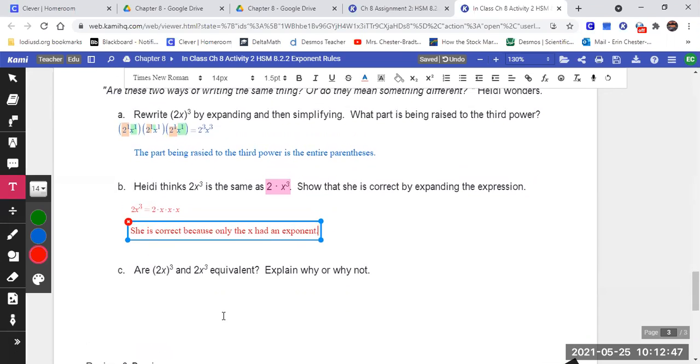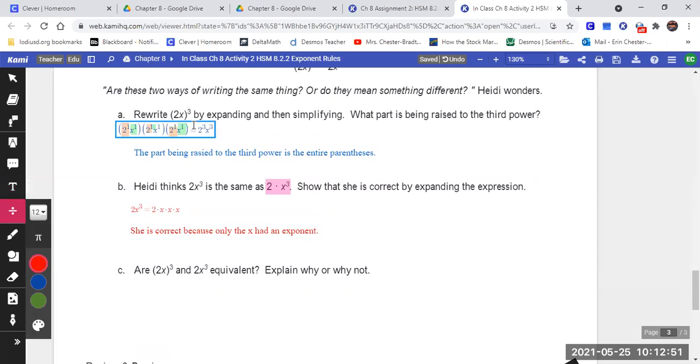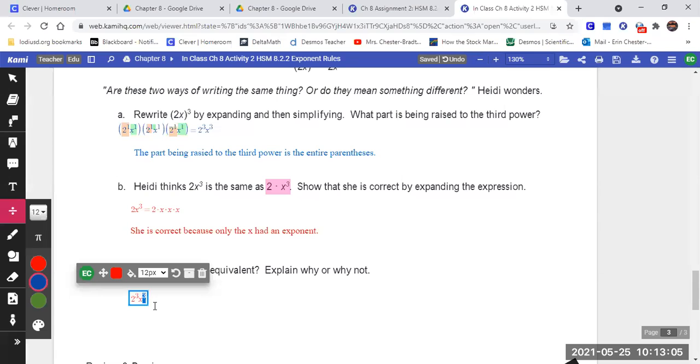So we're going to copy our final answers. Let's look. Here is the simplified form of 2x raised to the third power. Okay, this is our simplified form of 2x raised to the third power, right?